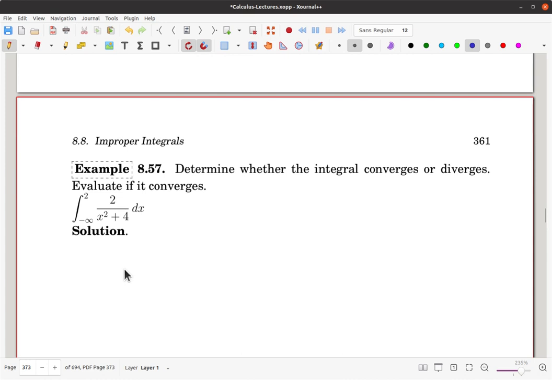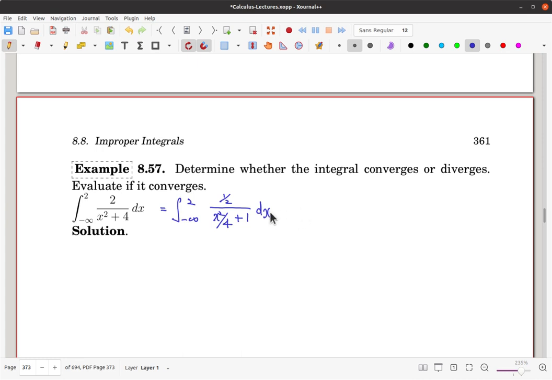Okay, the same kind of problem. For this one, we can rewrite it in this way: from minus infinity to 2, divide by 4 on top and bottom, so the top will be 1/2 and the bottom will be x squared over 4 plus 1, dx. What is the antiderivative? It looks like arctangent.